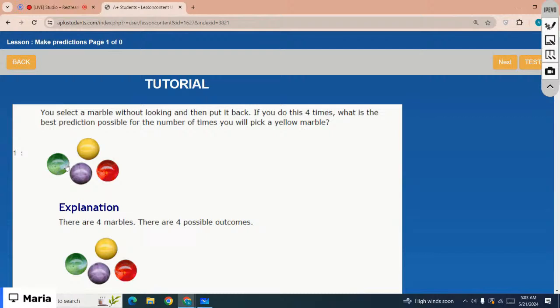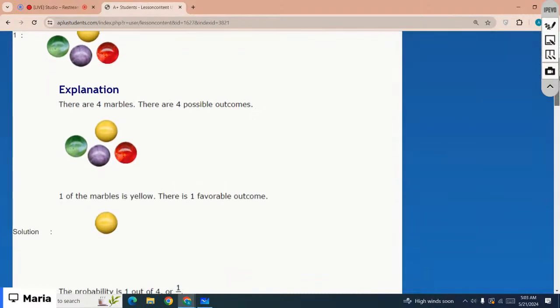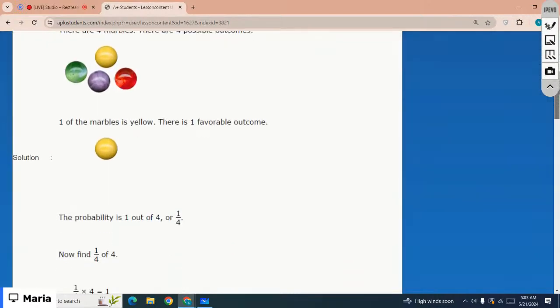You select a marble without looking and then put it back. If you do this 4 times, what is the best prediction possible for the number of times you will pick a yellow marble? So you have total 4 marbles, right? And that means there are total 4 outcomes, right? Only one of them is yellow.